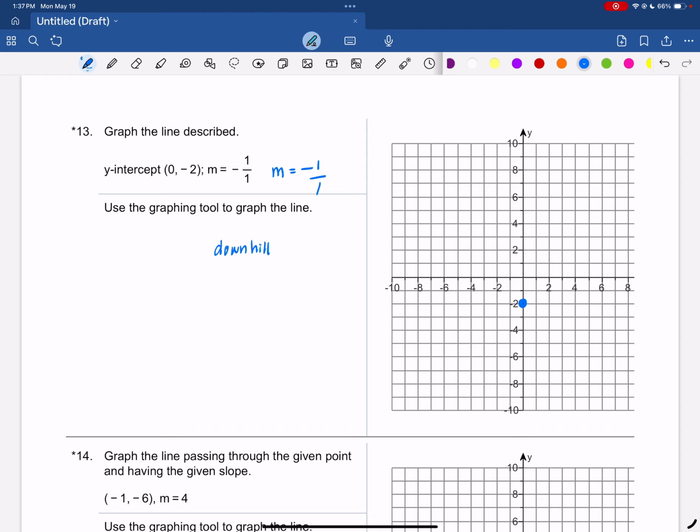So I'm going to go down 1, and to the right 1, there's my second point. And I just connect the points and put my arrows on both ends. Now, in my math lab, it may not draw in the arrow, so you don't worry about that. But whenever you're drawing them on paper, if you don't extend them all the way to the edge of the picture, then you need to put those arrows.